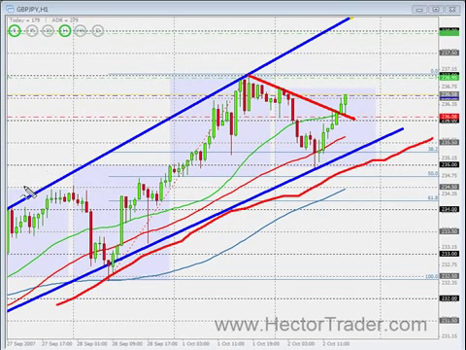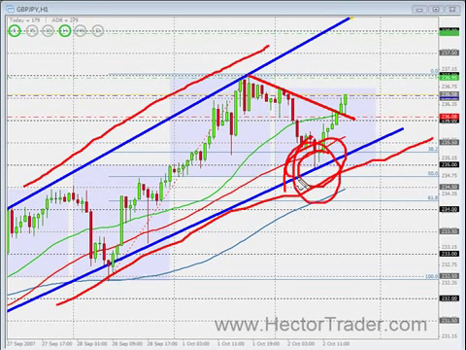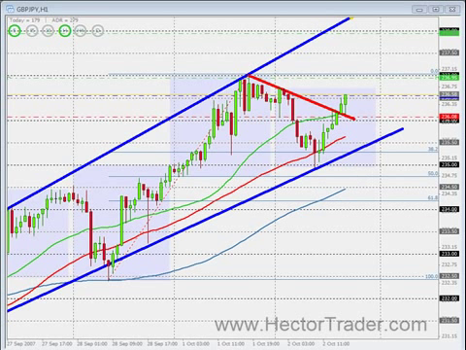Remember, what's the setup you're trading? I am trading the bounce off the channel bottom, the dynamic area of support. Previous swing high. Let me clean up the chart a little bit. Previous swing high, former resistance, now working as support, etc., etc. It's a perfect, very valid setup from a technical point of view.